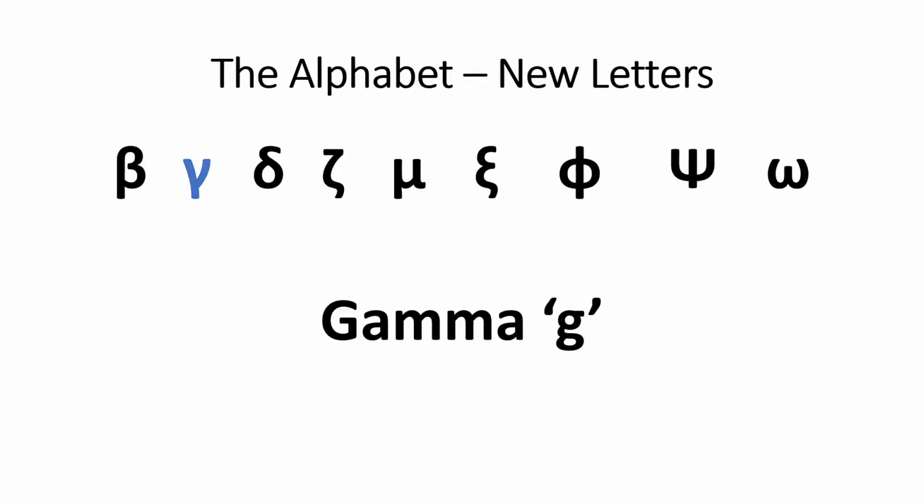Gamma, which makes a G sound. This letter is delta, which makes a D sound. You might notice also that beta looks like a B and makes a B sound, and delta looks a little bit like a D and makes a D sound. So there are some similarities.